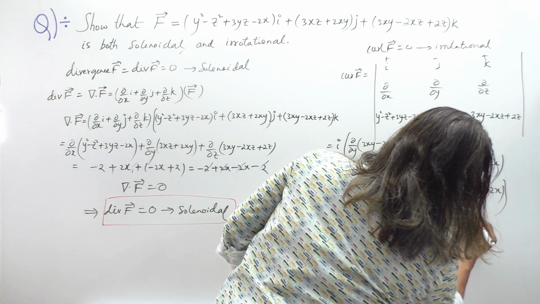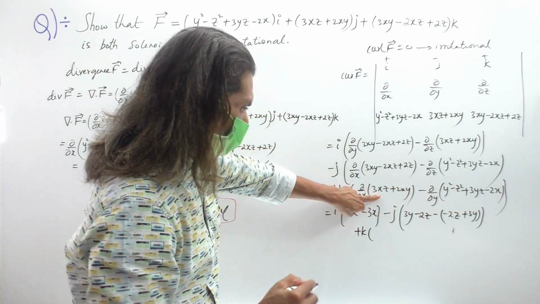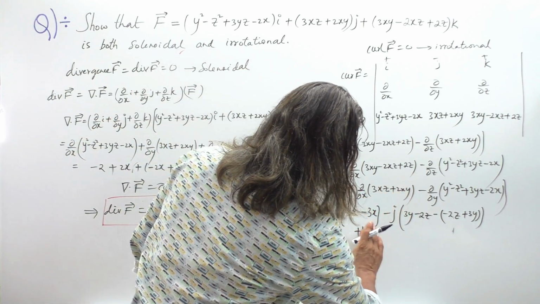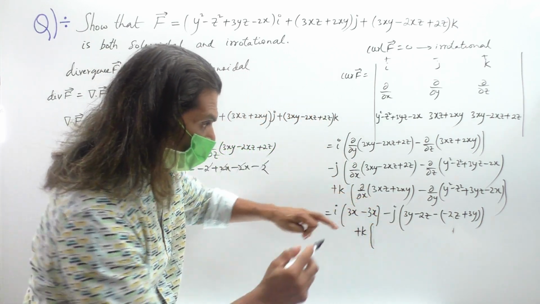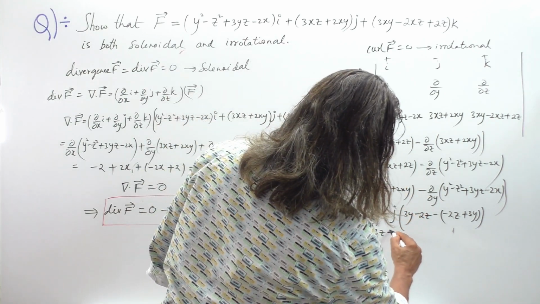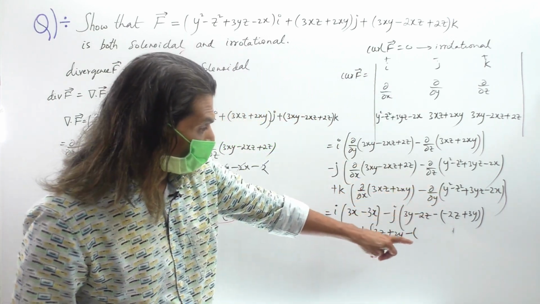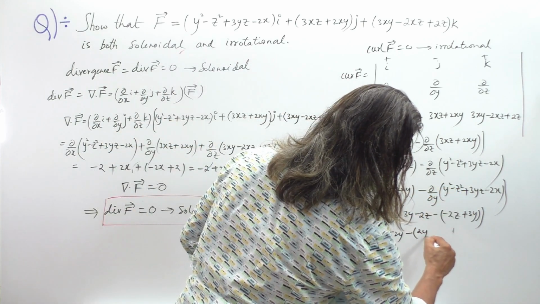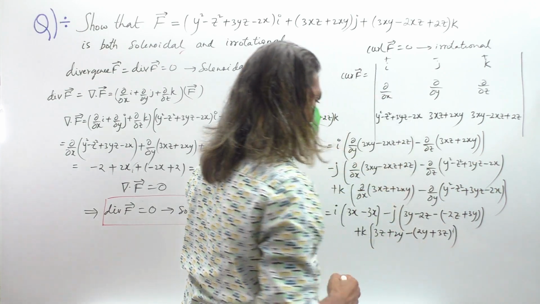So plus 3y, and lastly plus k into ∂/∂x, it is 3xz, so 3z as it is, differentiation of x is 1, plus 2y as it is, differentiation of x is 1, minus bracket ∂/∂y. You are differentiating only with y, so y² gives 2y, plus 3yz, so 3z as it is, differentiation of y is 1, and we are done.